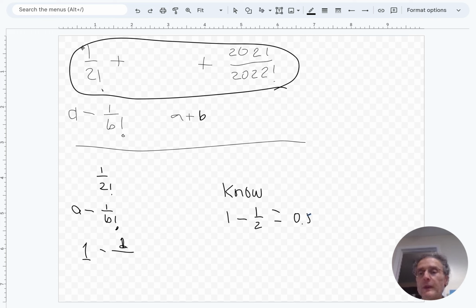So if we answer this question ignoring all this complication, then it's 1 minus 1 over whatever 2 factorial is, and we already know that the answer is 0.5. So in this case, a is 1 and b is 2. So a plus b equals 1 plus 2, which is 3.